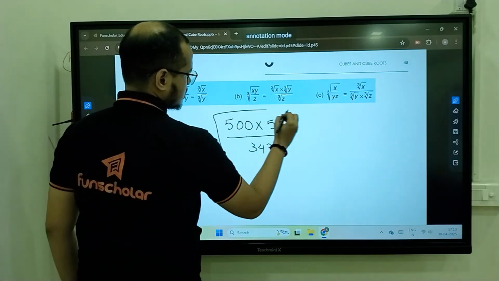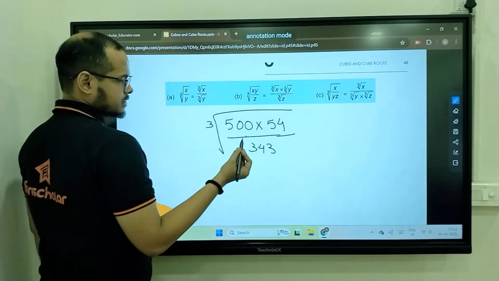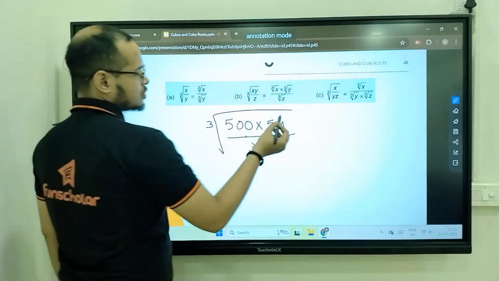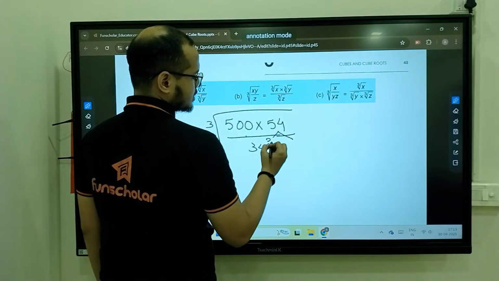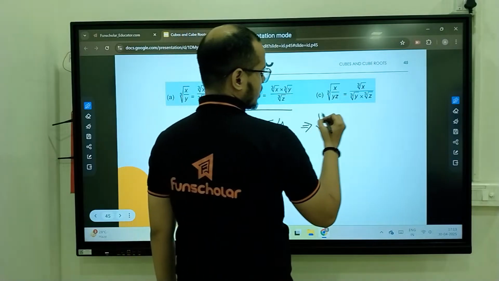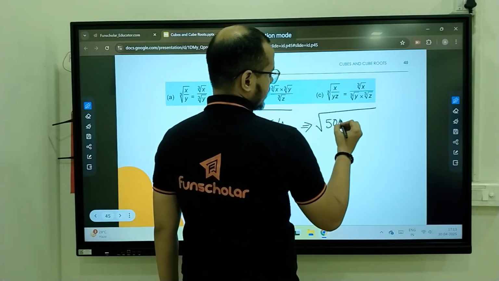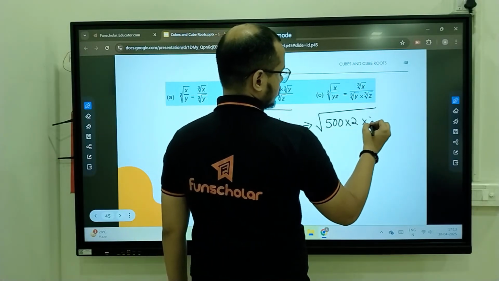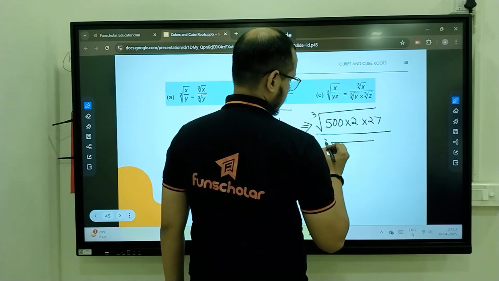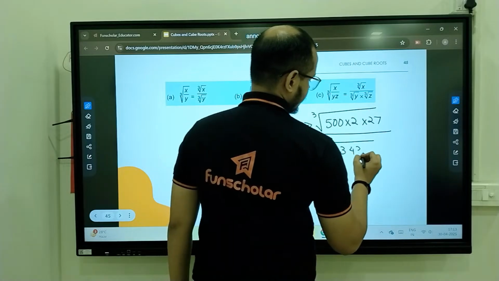Now this is a cube. Something like this can come, right? First thing we will do, make sure these two are perfect cubes. So 54, we are dividing it into 27 and 2. So we are getting the cube root of 500 into 2 into 27 divided by the cube root of 343.